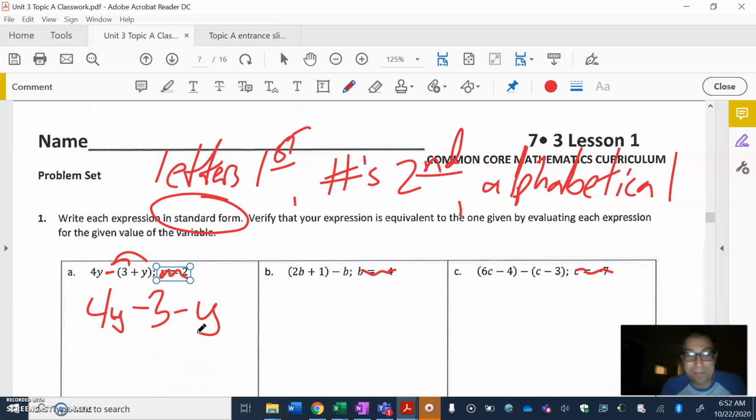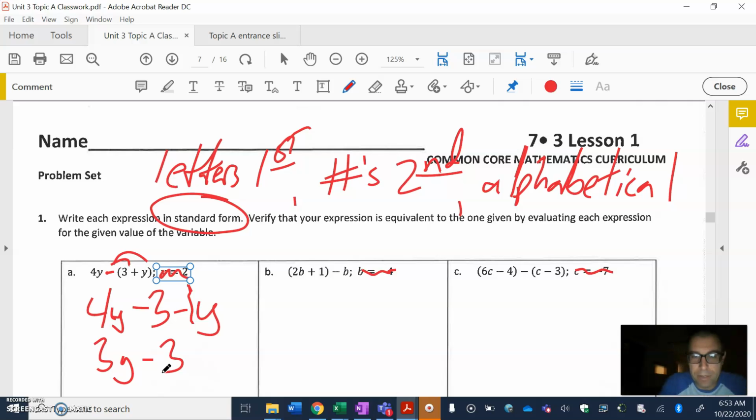There's one, but don't forget there's that subtraction sign. So it's a 4y minus a 1y. This is what we mean by letters first, 3y. In other words, letters as in variables. Number second, in other words, constants second. And that's why that -3 is second. And then alphabetical order. I don't have multiple letters there, so I don't need to deal with that.